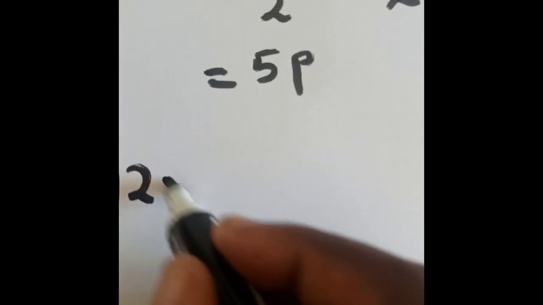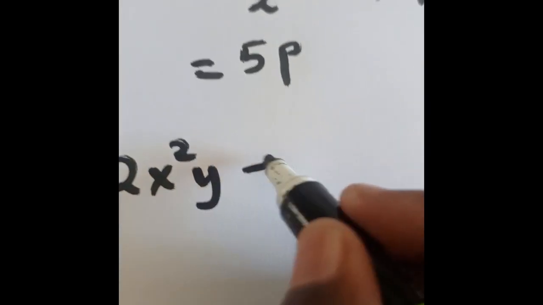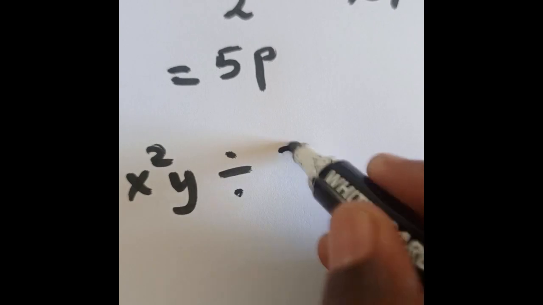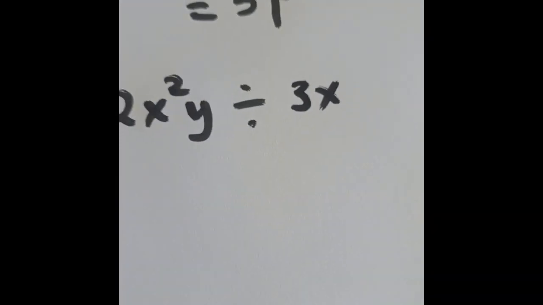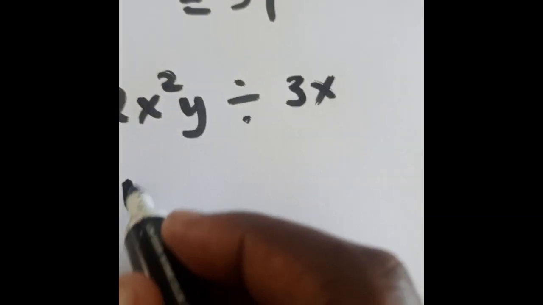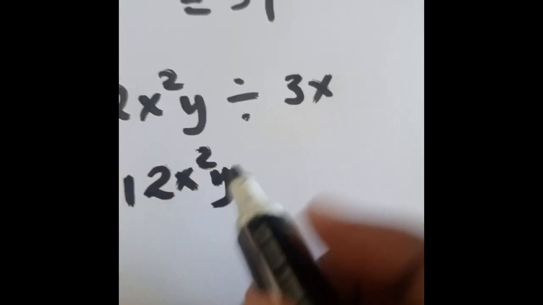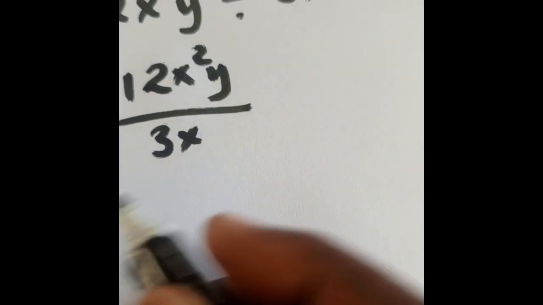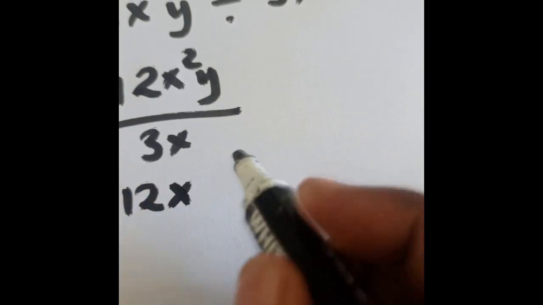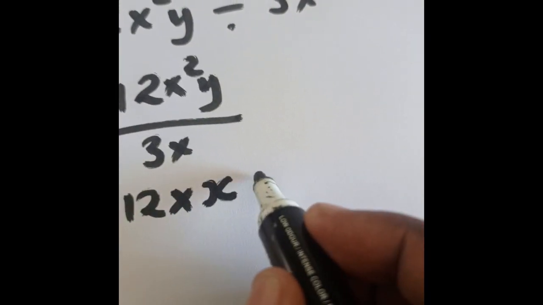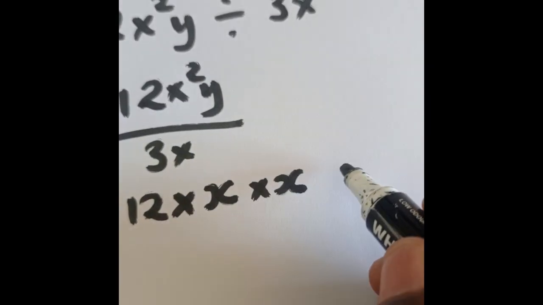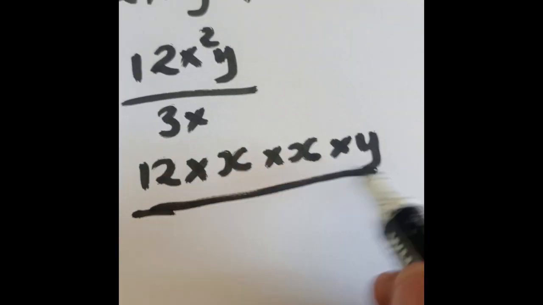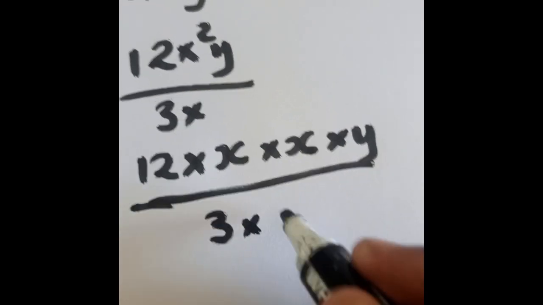If we consider another example under division, like we could be given let's say 12x squared y divided by say 3x. In this case, this is the same as 12x squared y over 3x, which is the same as 12 multiplied by x, then multiplied by x, then multiplied by y, everything over 3 multiplied by x.